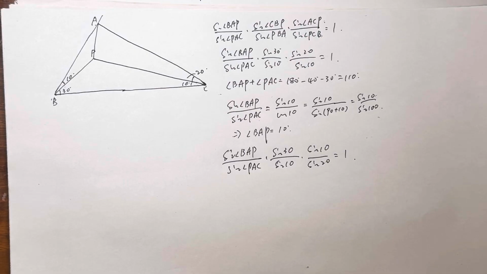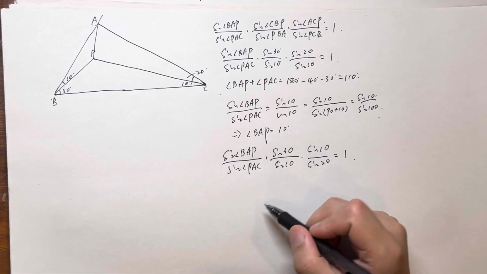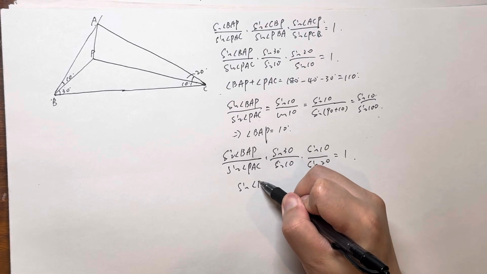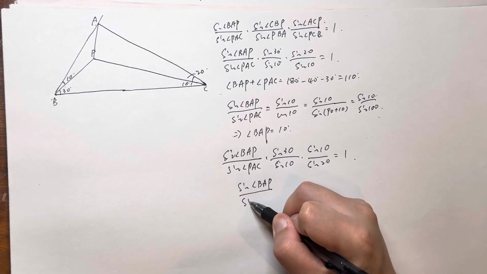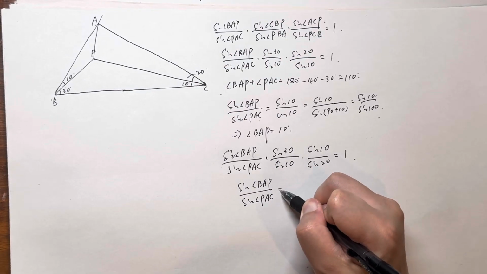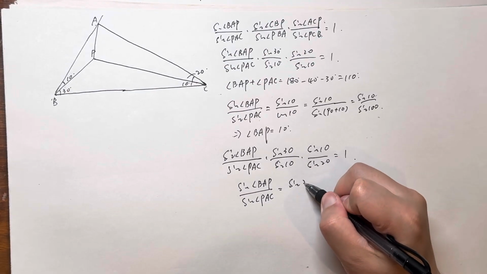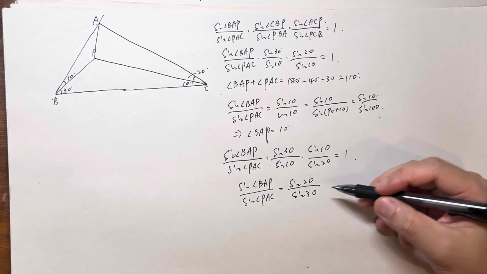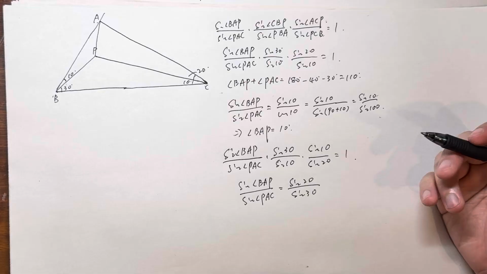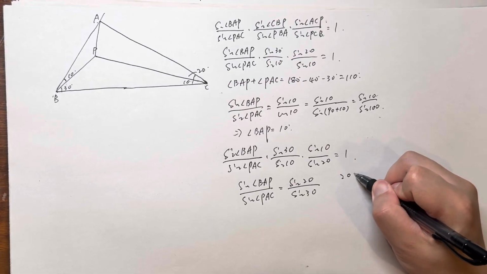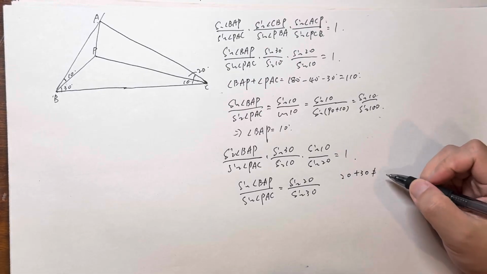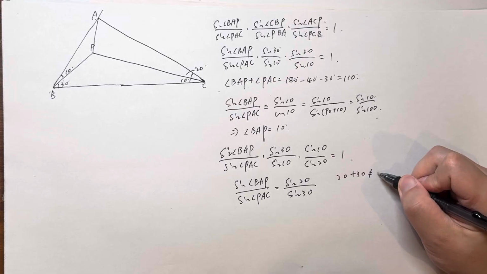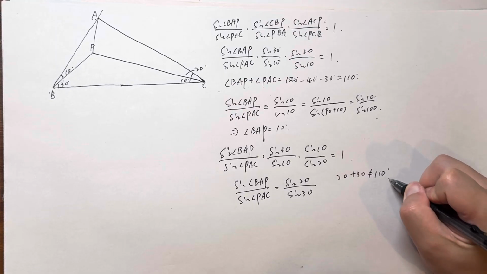Right? So for this case, we know that sine angle BAP to sine angle PAC equals sine 20 to sine 30. Right? And the problem is that 20 plus 30 does not equal 110 degrees.